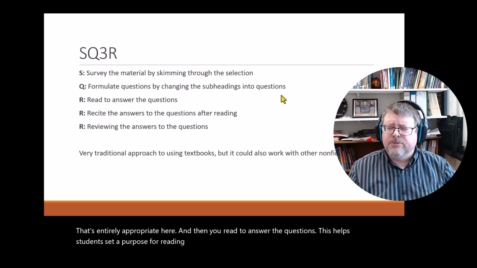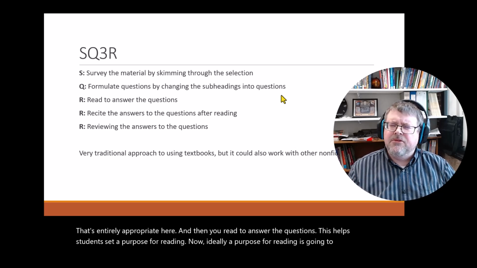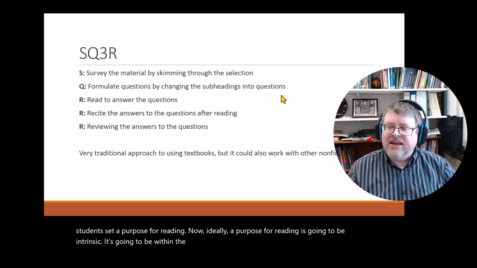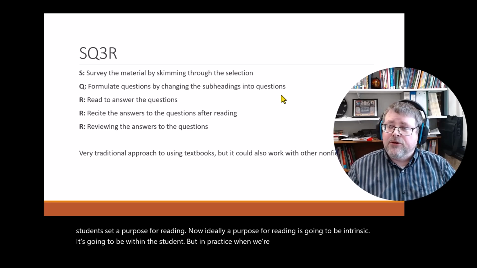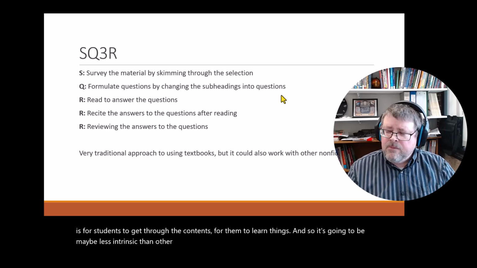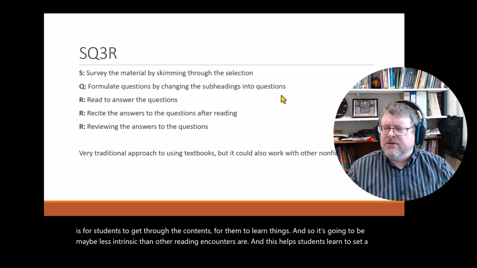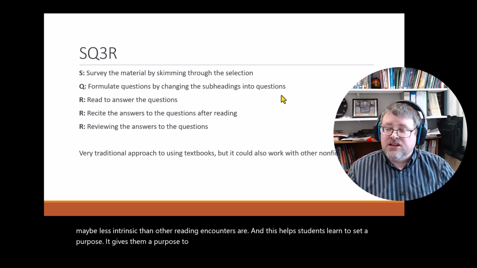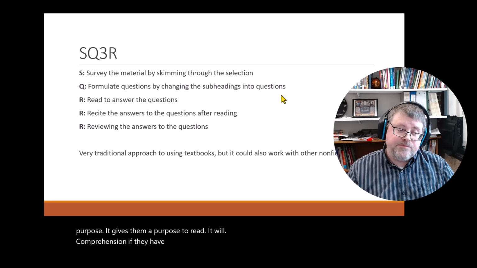Now, ideally, a purpose for reading is going to be intrinsic. It's going to be within the student. But in practice, when we're reading content, that purpose is for students to get through the contents, for them to learn things. And so it's going to be maybe less intrinsic than other reading encounters are. And this helps students learn to set a purpose. It gives them a purpose to read. It will aid their comprehension if they have a purpose while they read.